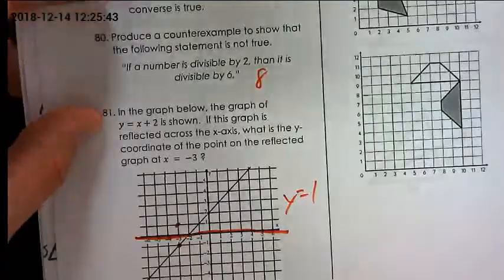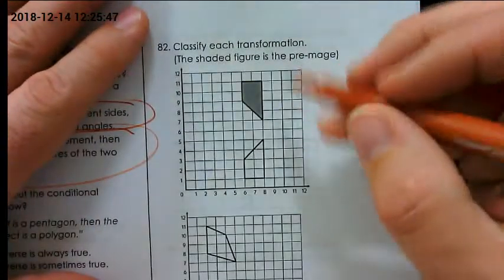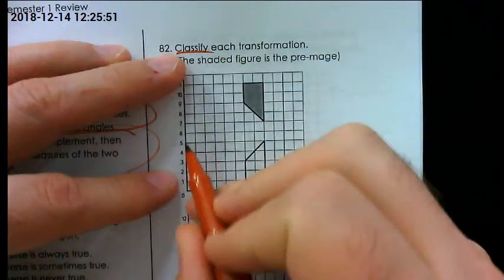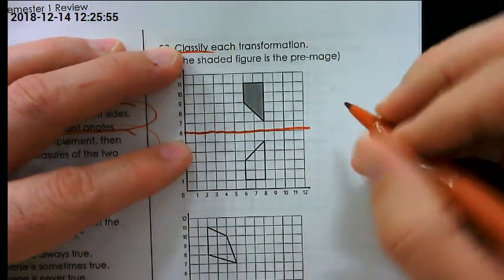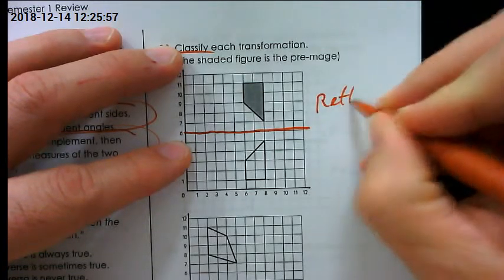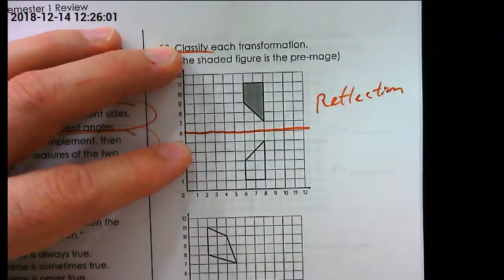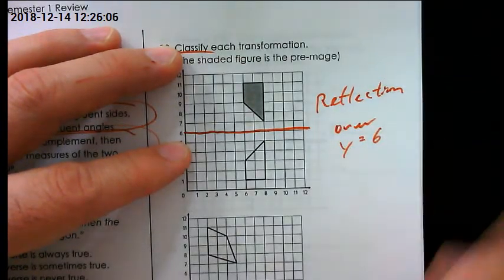All right, on 82. It just says classify each. It doesn't say give a function notation or anything. If you wanted to be really specific, this is a reflection over the line y equals 6. But you could just say reflection. Again, if you want to be really specific, over y equals 6.